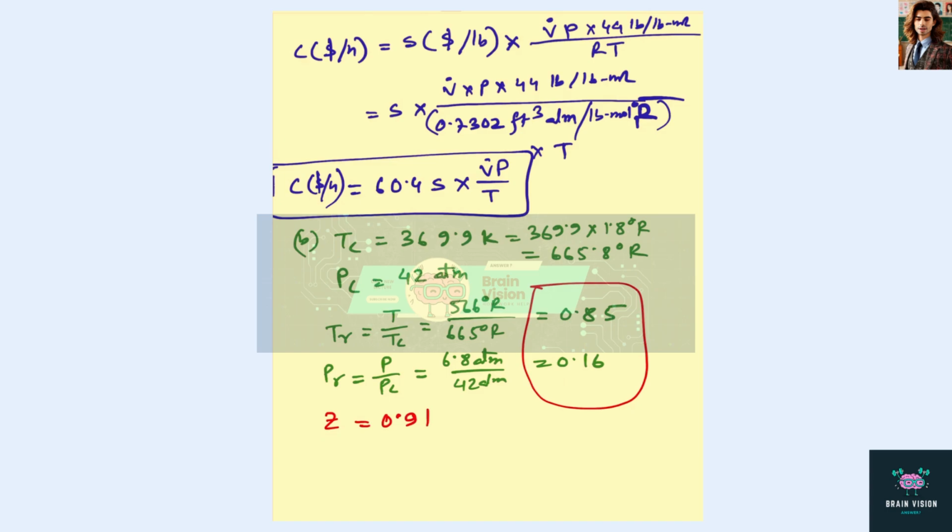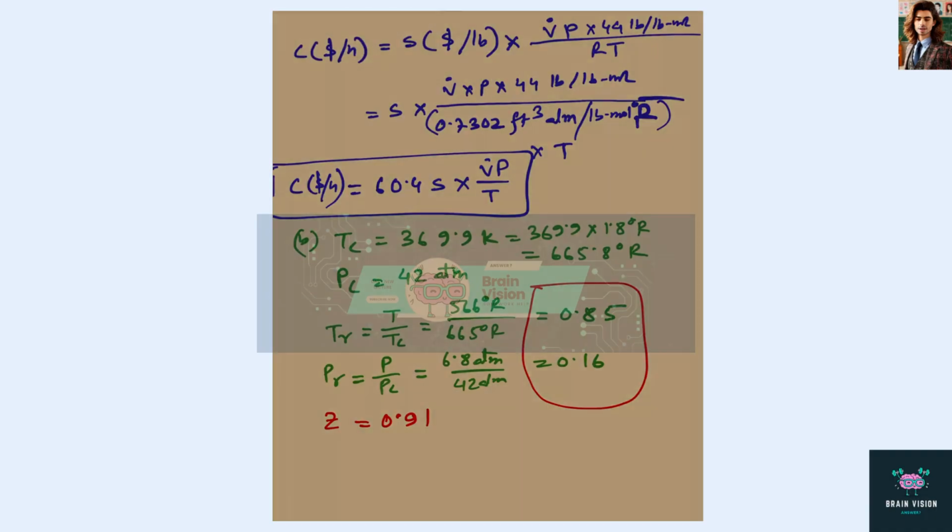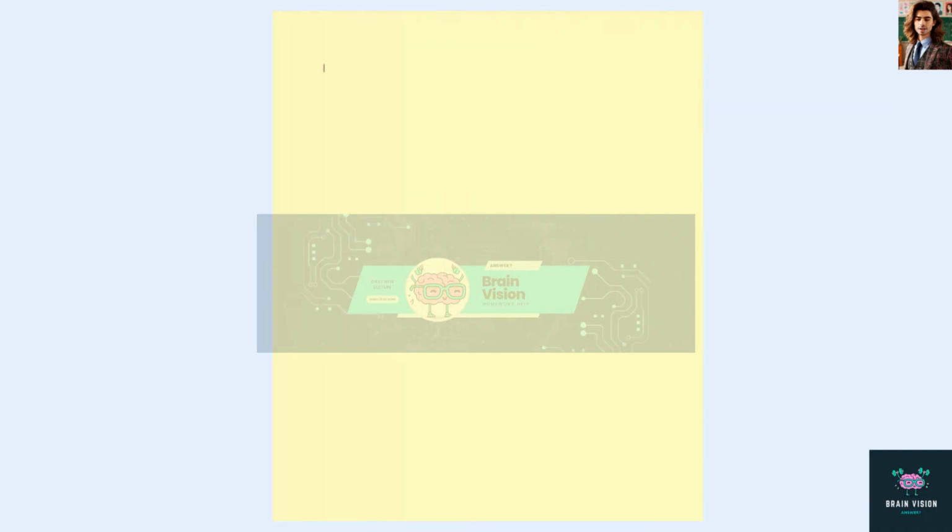Now for these two, reduced temperature and pressure, the Z value is 0.91. Now we can use the compressibility factor equation of state. Let's do that. We know PV is equal to Z N RT, or number of moles is equal to PV divided by ZRT.